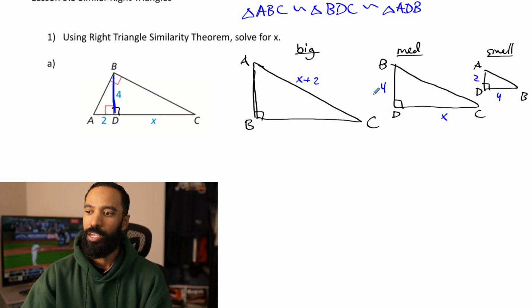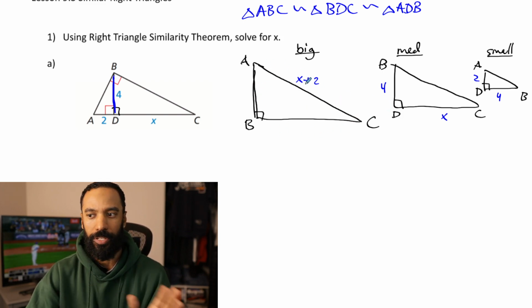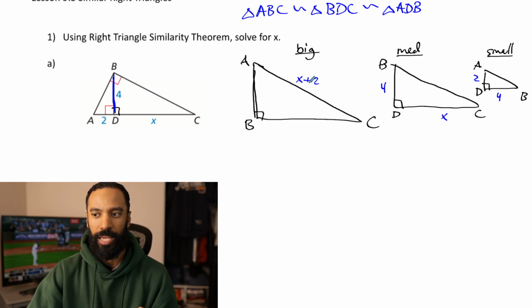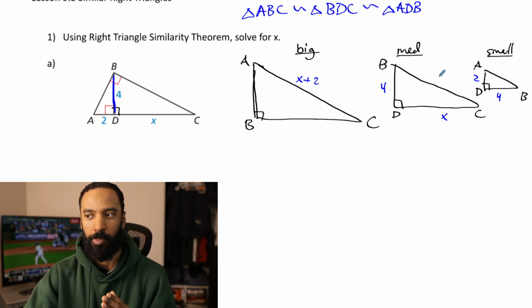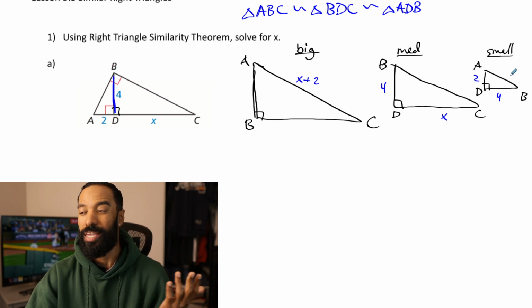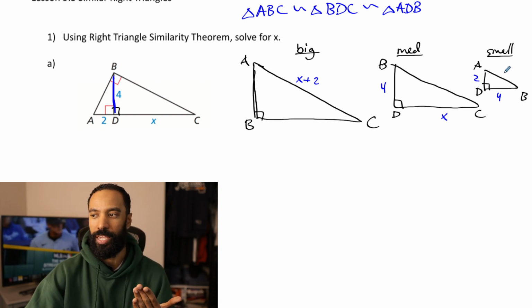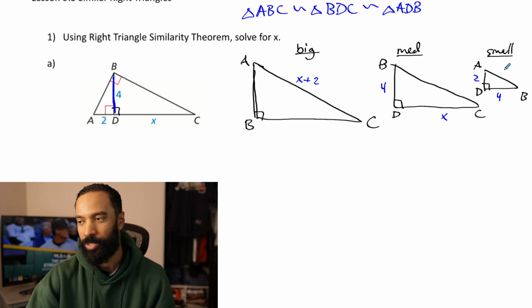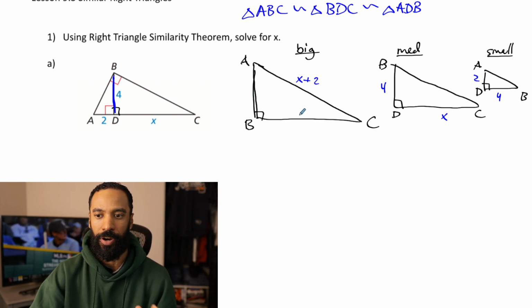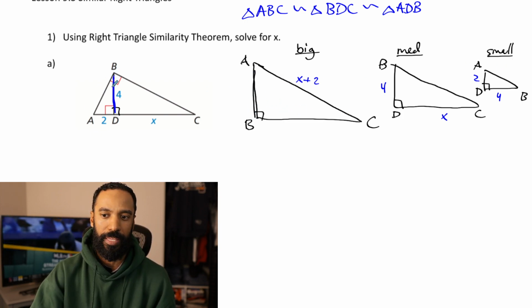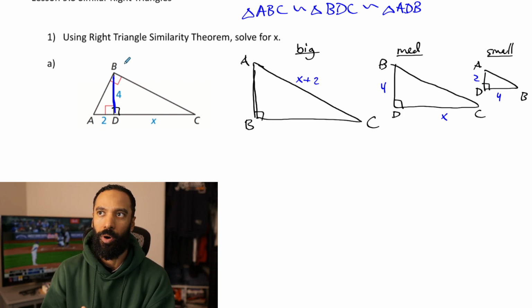So in a way, not only don't we have two parts in the big triangle, but the part that we have doesn't correspond to parts that we know in these other triangles. Yes, in the small, we could use Pythagorean theorem to get whatever this value is here, but it's irrational, and we don't have another part with big to figure out what that's going to be. It's just not worth our time and investment to do so.